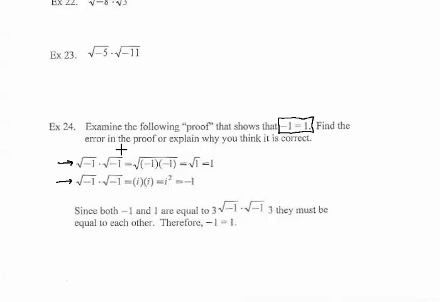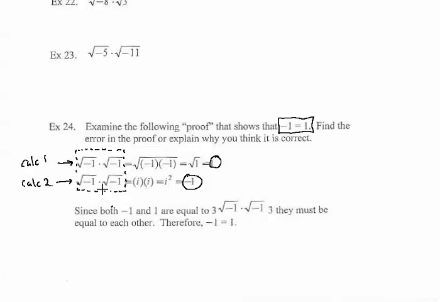What is happening is we're starting with the multiplication of square root of 1 times itself. And what happens is we end up with two different results once we're finished. So these are two separate calculations. This is calculation 1, and this is calculation 2.